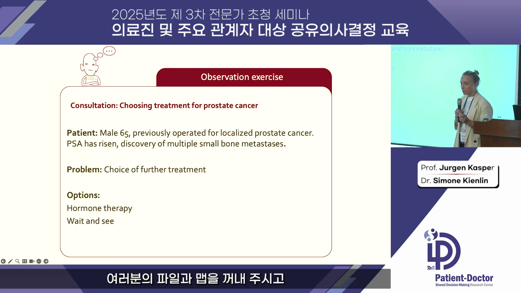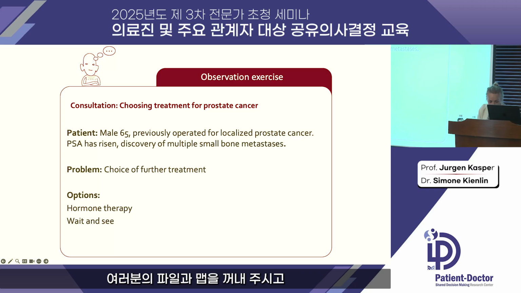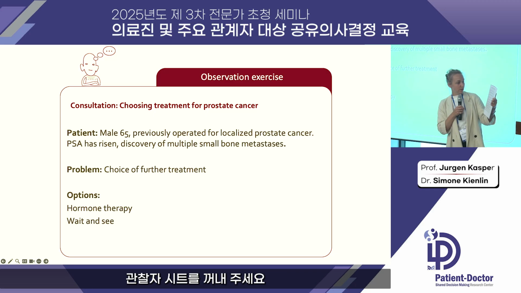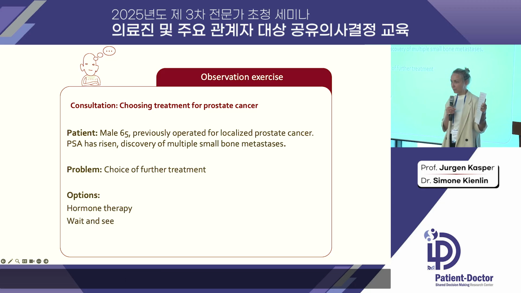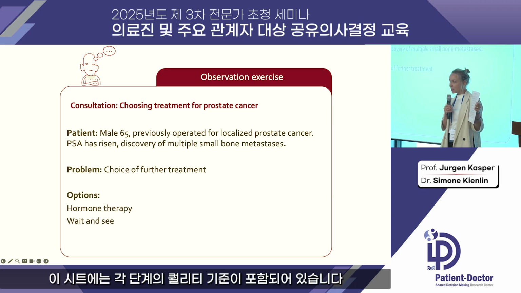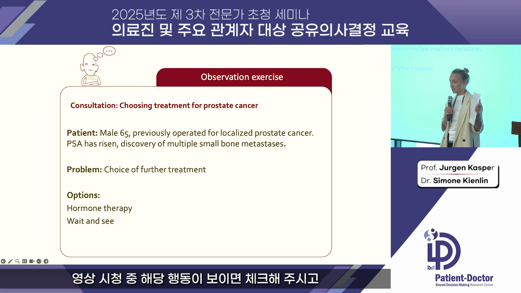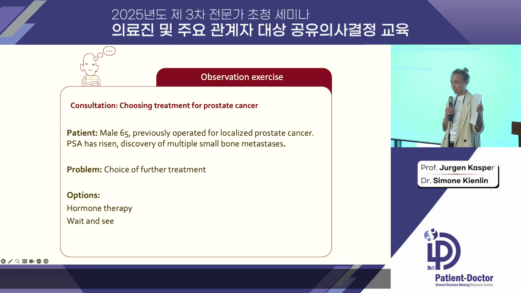Now you can go in your file, in your maps, and take out the observer sheet. You can see that on this sheet there are quality criteria of these six steps. Now you will assess if you see these steps happening in the video.